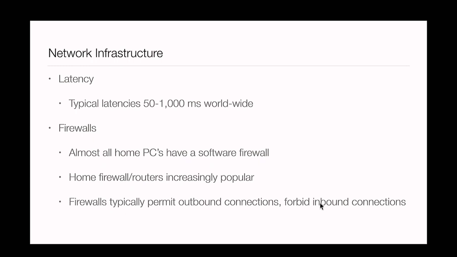Your firewall might be set up so that it doesn't allow any external inbound communication. This is something you have to deal with if you're a professional game programmer. You either have to tell people to turn off their firewall, or tell them how to get around the firewall, or take into account that the firewall might exist.